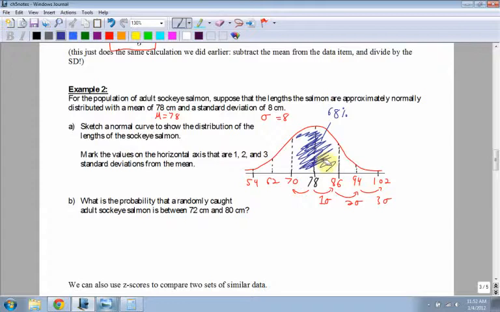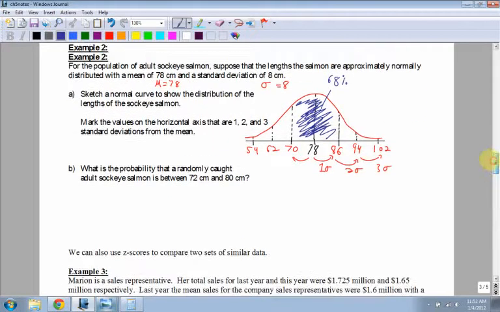So if I'm just going to take half that into consideration, that means that only part of it is going to be 34%. And 34%. It shows this in your textbook as well. The whole thing is 68, therefore each part is 34.